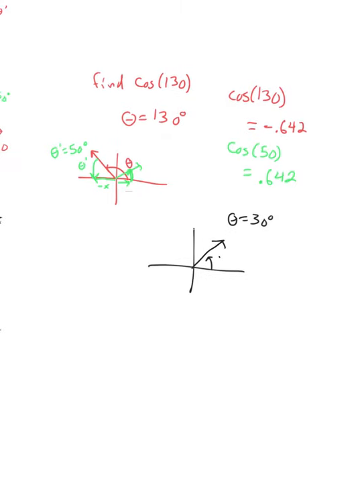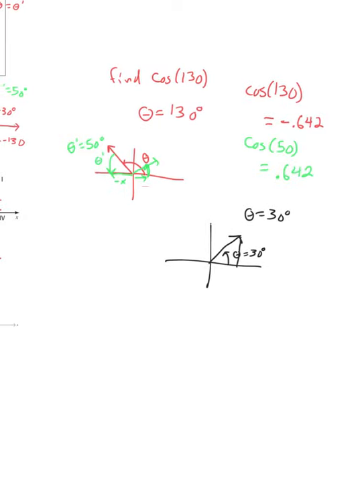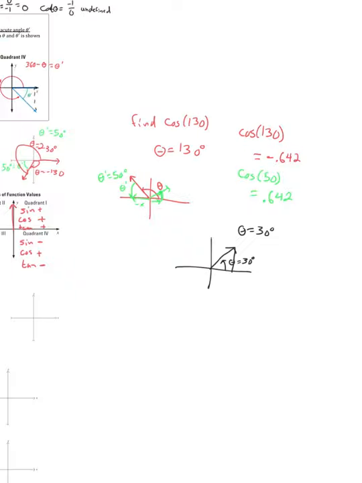It's just going to be a 30-degree angle. That's also our reference angle. It's the exact same. So in quadrant 1, the reference angle is always the exact same as the angle given. That's the rule for quadrant 1, if that makes sense. Hopefully it does make a little bit of sense.